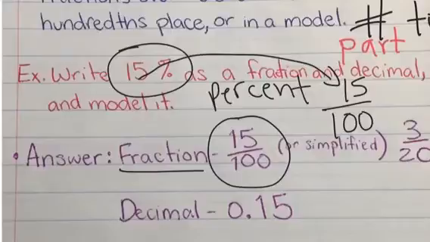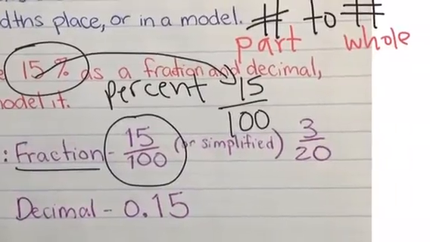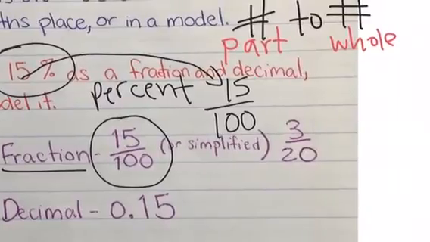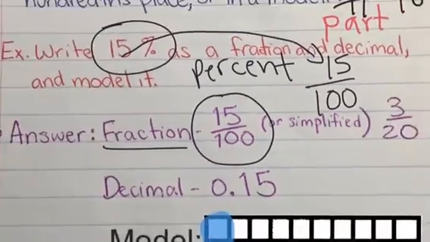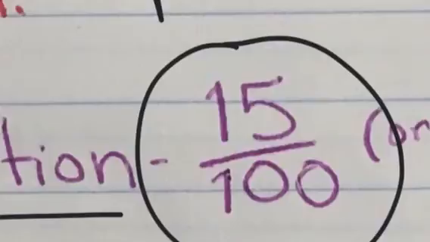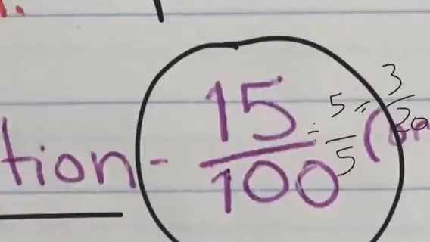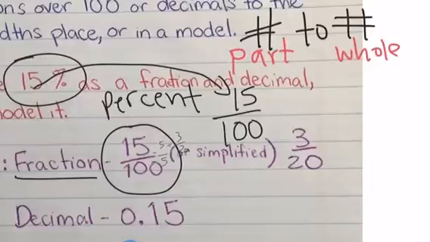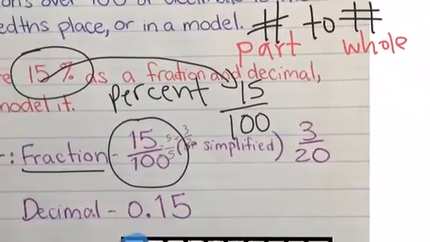Now, we do need to simplify these, so 15 over 100 simplifies to 3/20ths if you divide 15 by 5 and 100 by 5, that gives you 3/20. So here we have our answer, 3/20ths. That is how you write it as a fraction.